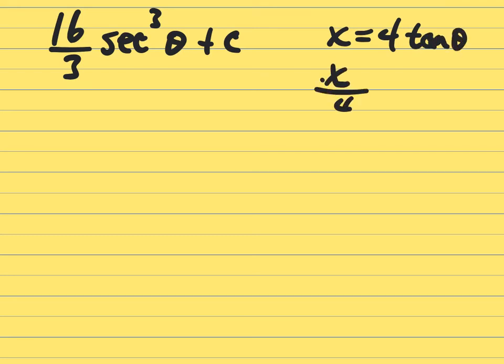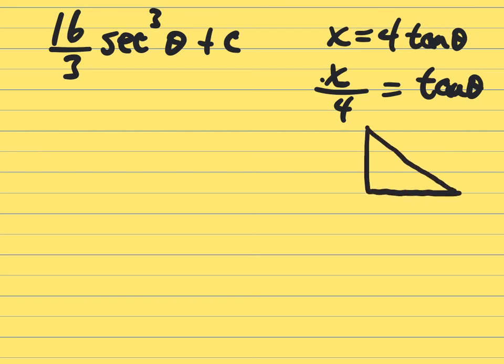So that tells us x over 4 equals tangent theta. Draw a right triangle. Mark one of your angles as theta. I usually just do the bottom right. Tangent is opposite over adjacent. It's the TOA part from SOHCAHTOA. The hypotenuse is square root of x squared plus 16.